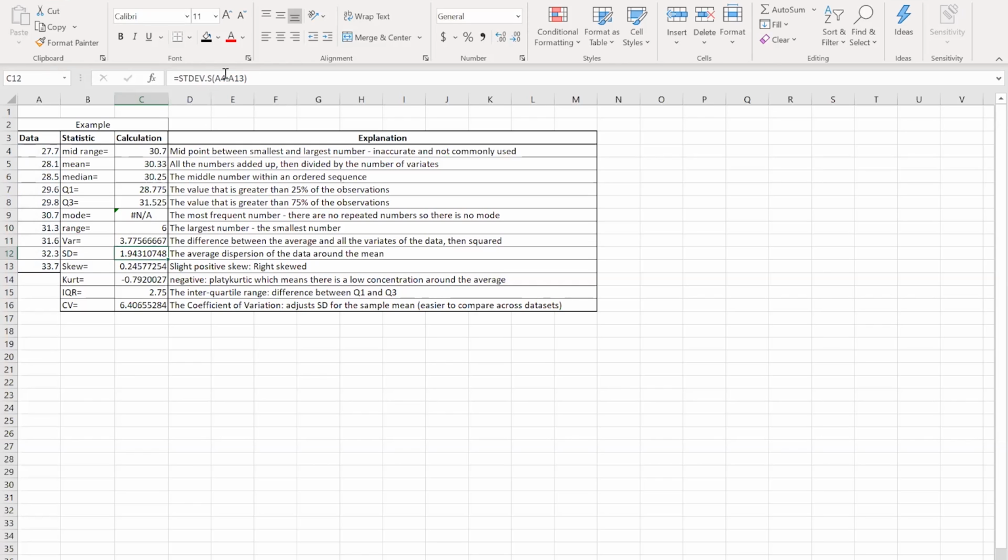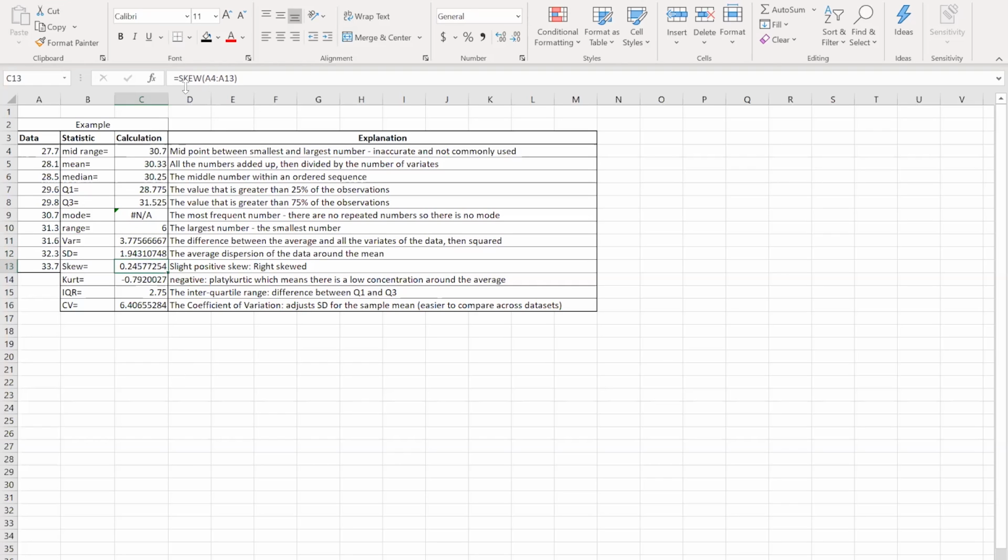Our standard deviation is the standard deviation .s, right, for our sample of the whole data. And it's just the square root of our variance. So we could find this number just as easily by doing the square root of this number.